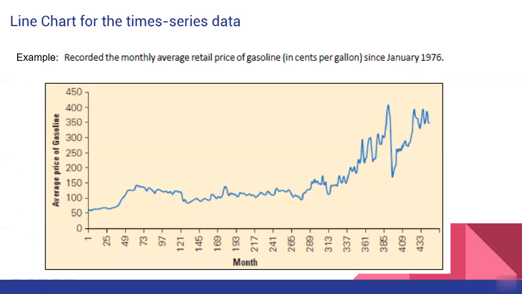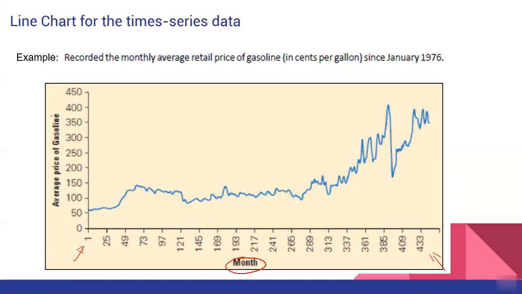Below is an example that records the monthly average retail price of gasoline in cents per gallon since January 1976. As you can see here, the horizontal axis in this graph represents different months, starting from the very first month to 433 or something.